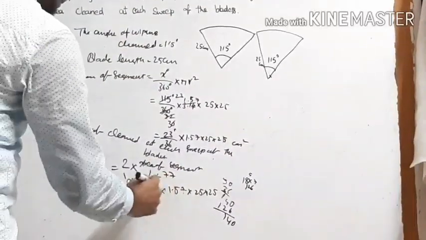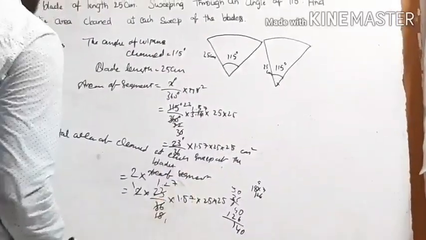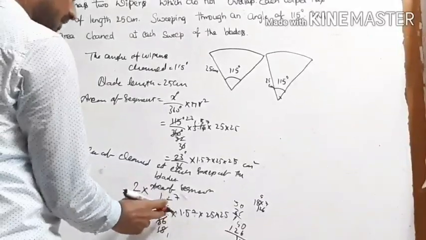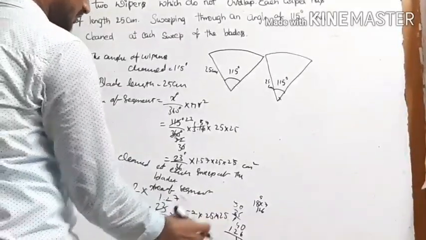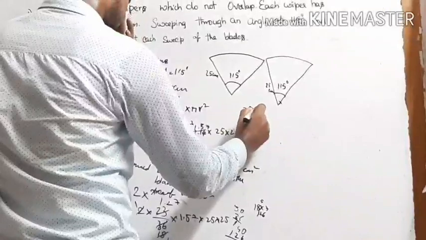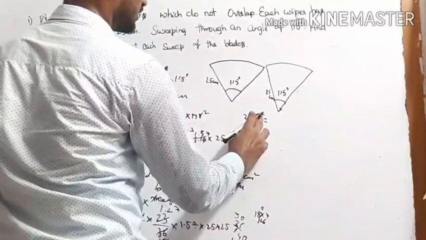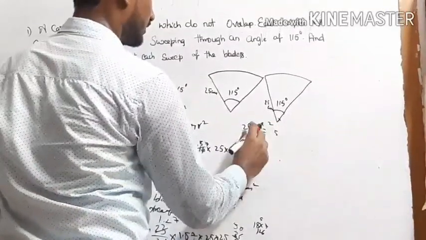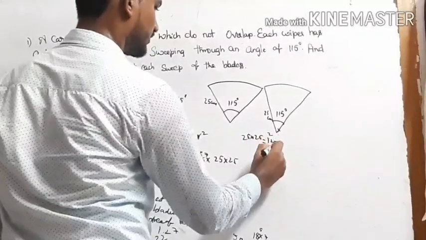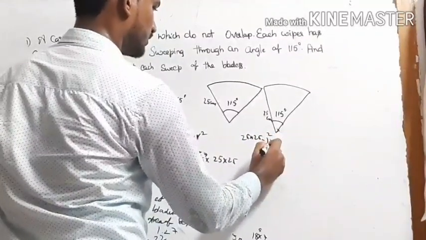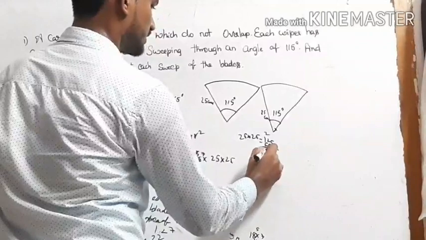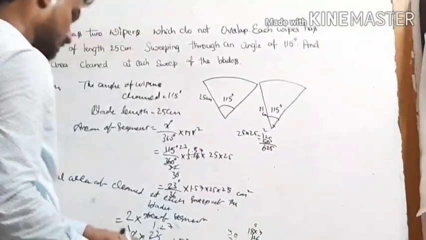So on. You can take 1.27 and multiply all these, that is 25 into 25 is equal to 625. 5 5s are 25, 5 2s are 10, 125, 250, that is 625.